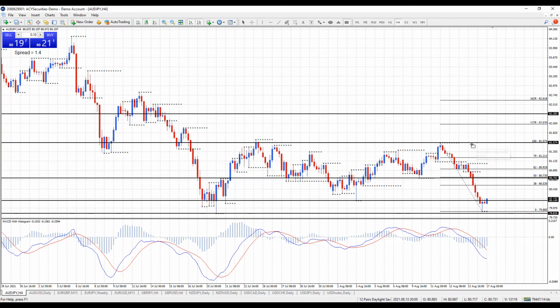So for me, if we can rally back up, I'm going to be watching from the high point up here, last week's high, approximately 8150, it's 8157, but 8150 area, all the way down to the 62% area. So the approximate area is 8100 to 8150. I'm just going to watch the area. We've got some resistance tops here that price could stall at, more tops over here.